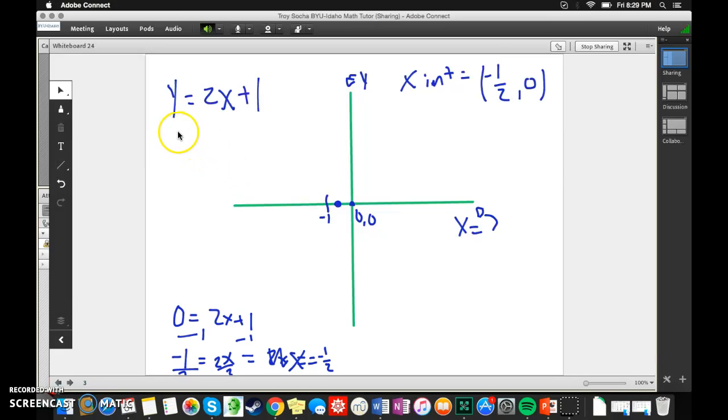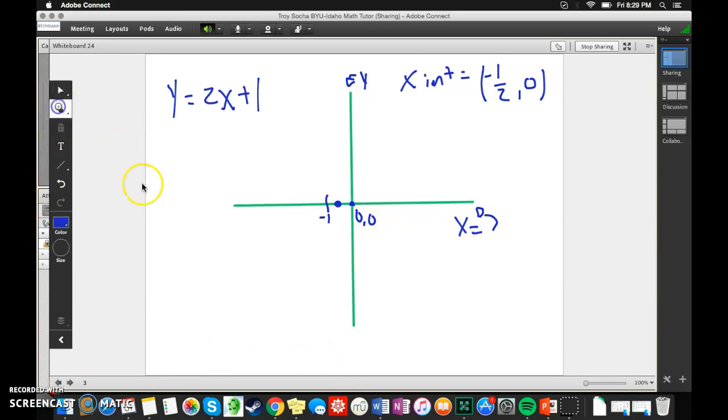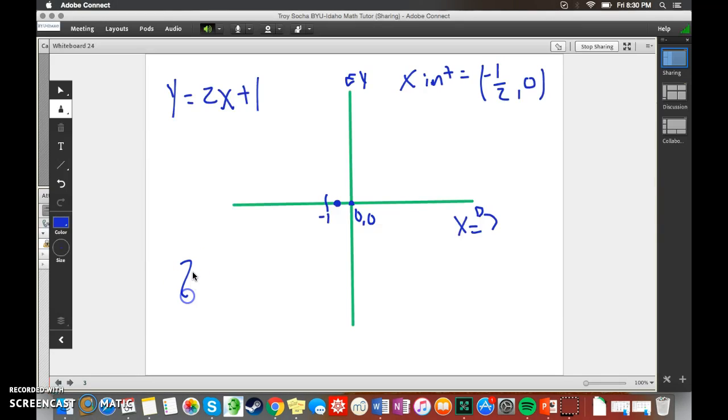Now we're going to talk about how to find your y-intercept. We set x equal to 0 and solve for y. 2 times 0, plus 1, equals y. 2 times 0 is 0, so we get 0 plus 1 equals y.